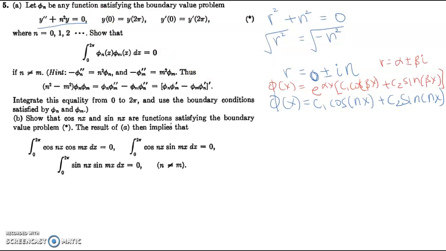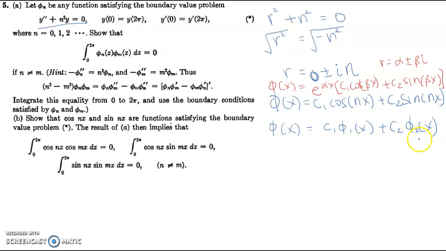Okay, so that's what we have, and let's take a step back. We know that this is in the form of phi of x equals C1 phi 1 of x plus C2 phi 2 of x.